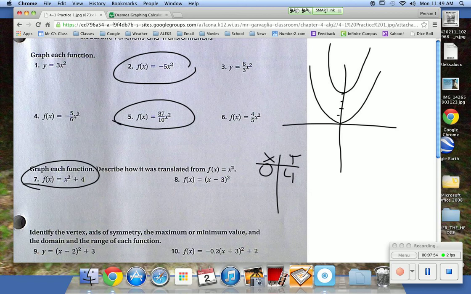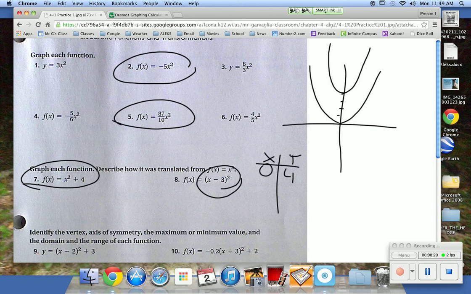All right? If this was a negative 4 here, our parabola would start down 4. What happens here? We've got the square inside of parentheses. What do you think that parabola starts to do? Well, if I put 0 in for x, this would be 9, right?